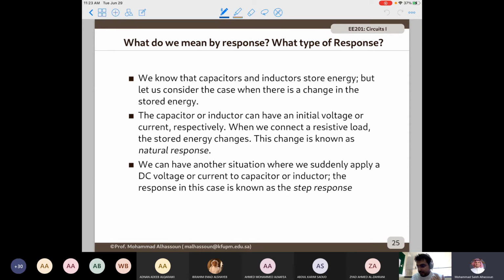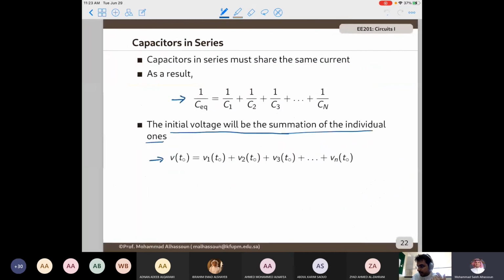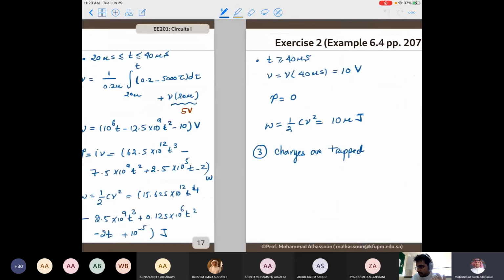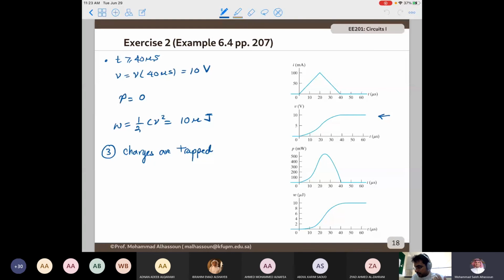If we go back to this circuit that we've studied, we have a constant voltage after, say, 40 or 50 microseconds. So what happens if I connect a resistive load to that one? If I have a resistor and connect it all of a sudden to the capacitor, there will be some sort of discharge.